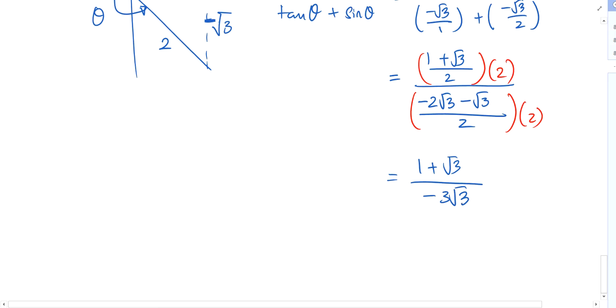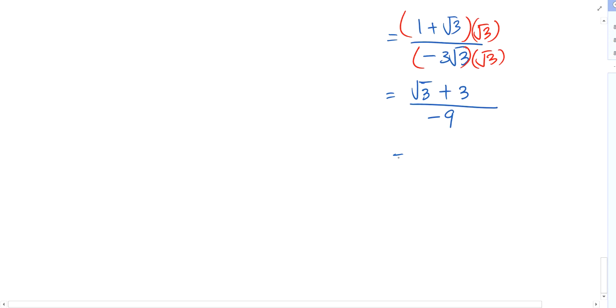Can we leave our answer like that in A maths? So what do we need to do? Times root 3 in both numerator and denominator. So now our answer will be root 3 plus 3 divided by negative 9. So final answer is negative 3 plus root 3 over 9.